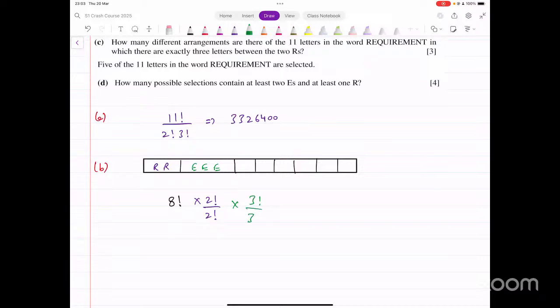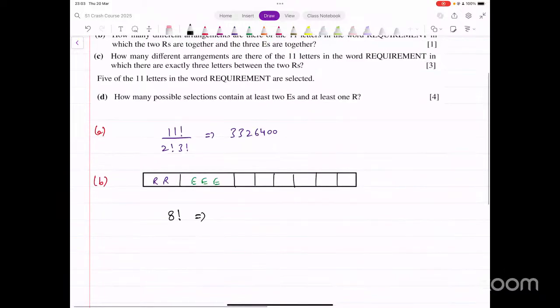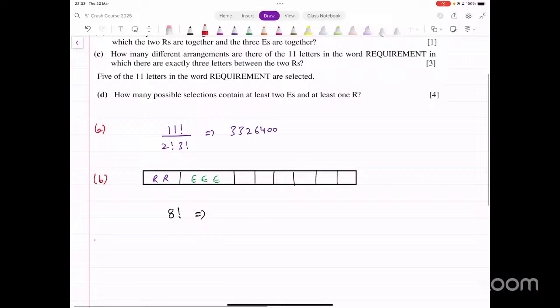We divide by 3 factorial. So it doesn't make any difference. We are just left with 8 factorial. And that gives you the result. What's this number? You have to evaluate this and then write down the answer. You can't just leave it as 8 factorial. What do we get? 40320. This is what we get from this.